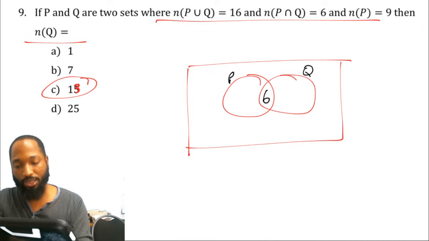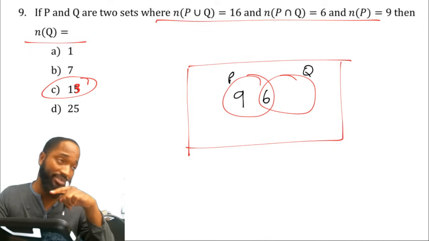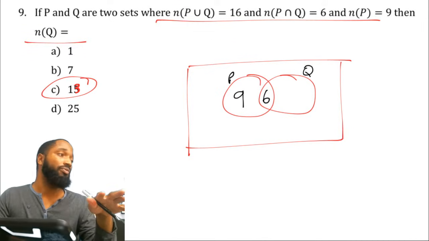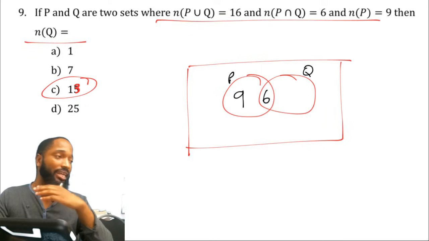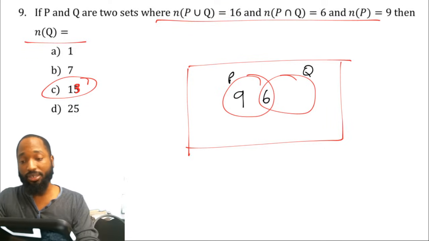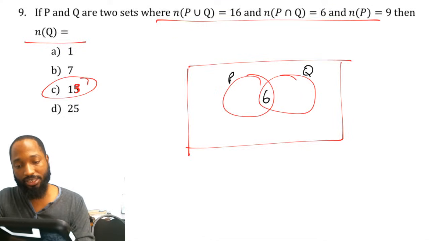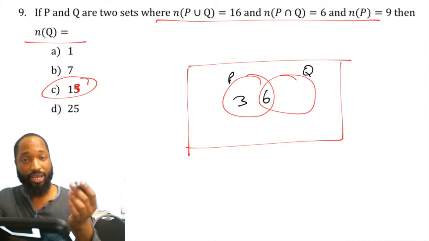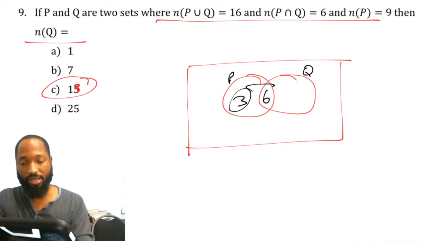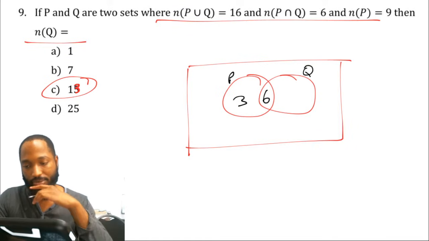But what most people do is put a 9 here, and that just sends them to the grave, because that is not 9. This is the number of elements in P. So this is 6 plus 3. So you have to put 3 there to make it 9. And the number of elements in Q, we're trying to figure that out. But all you need to do is realize you need to go up to 16.